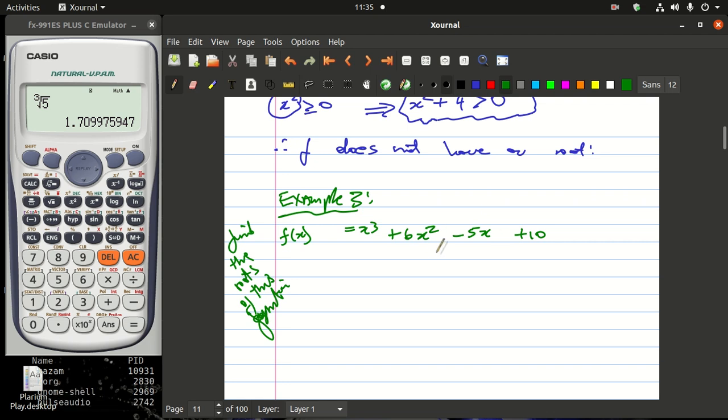Remember, the main goal here is to find x cubed plus 6x squared minus 5x plus 10 equal to 0. So the first thing we wanted to do is find the factors of the constant term, which is 10.